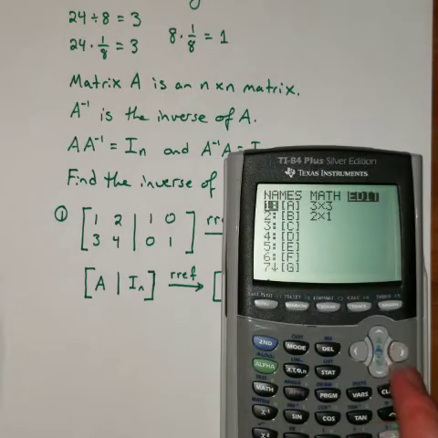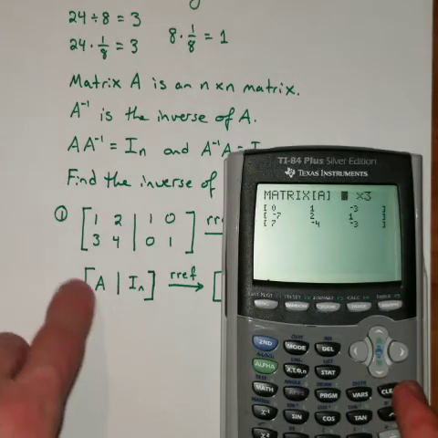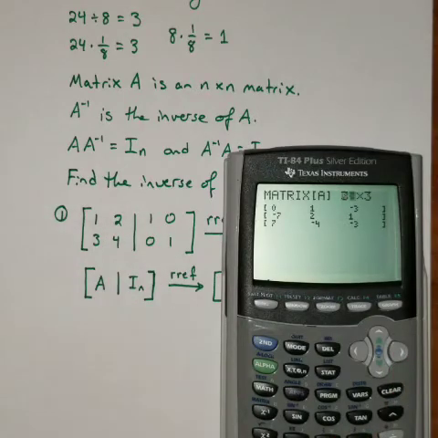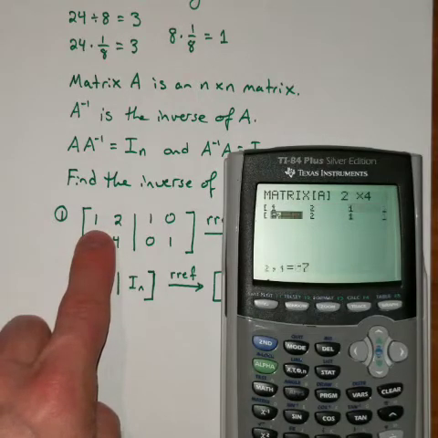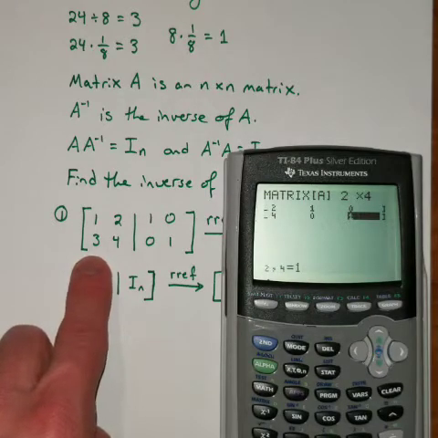And then you're going to go to edit, and we're going to want to turn this into a, notice this is 2 rows by 4 columns, so I'm going to go 2 by 4, and then I want 1, 2, 1, 0 as my first row, 3, 4, 0, 1 as my second row.